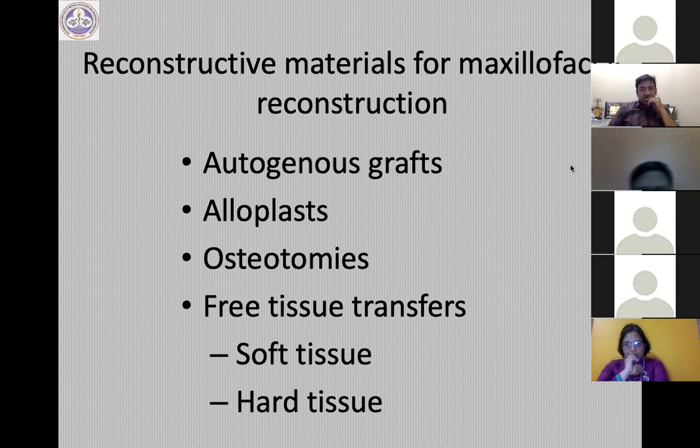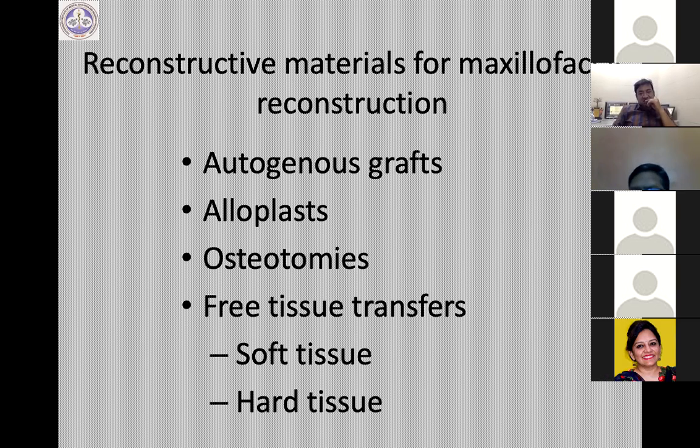As the moderator said, there are various reconstructive materials present. The gold standard is still the autogenous graft because of easy bioavailability, less morbidity, good uptake, and almost zero cost. But the problem is with contouring and resorption.